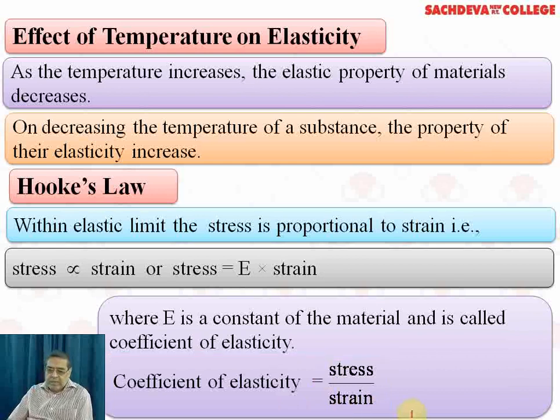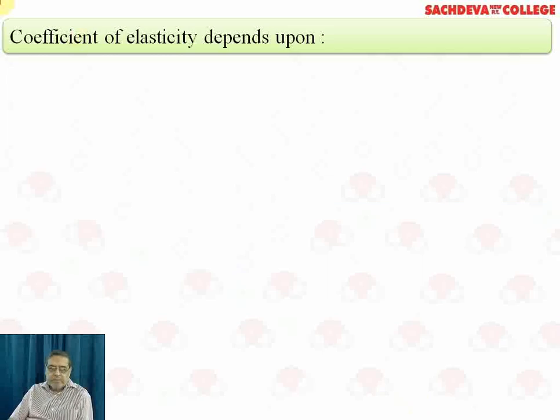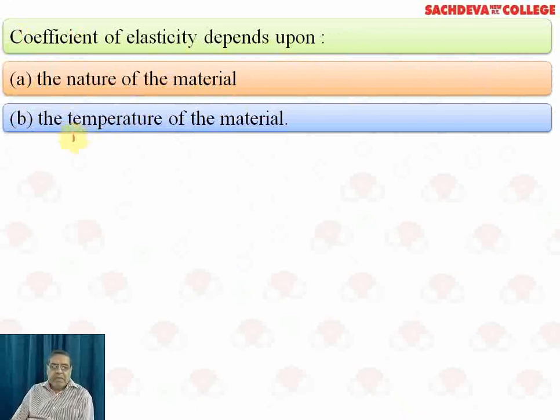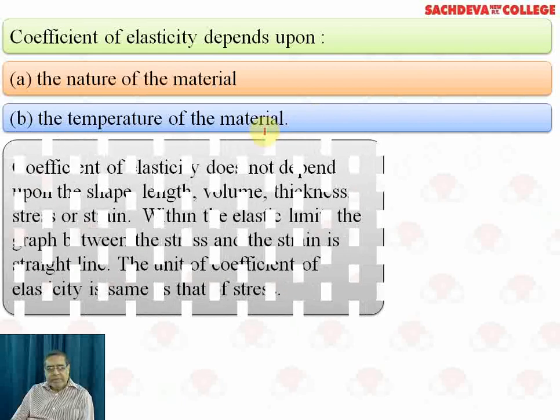If we change the material, we find that its elasticity will change. The coefficient of elasticity depends upon the nature of the material, and on the temperature of the material, because it will make variation lengthwise, areawise or volumewise.